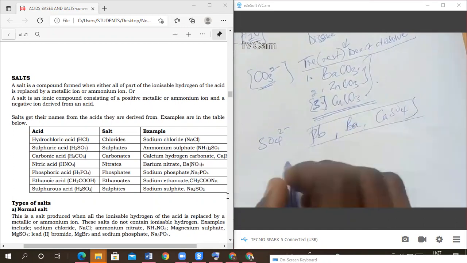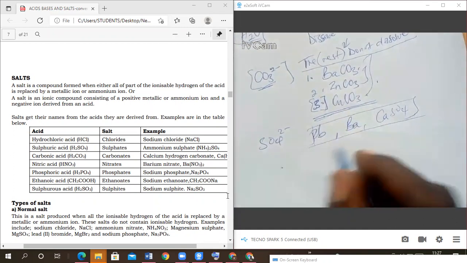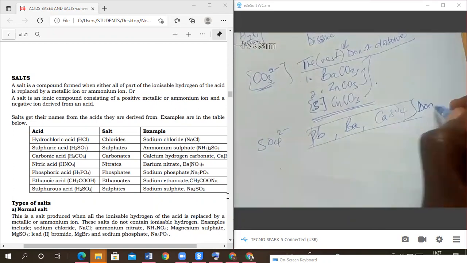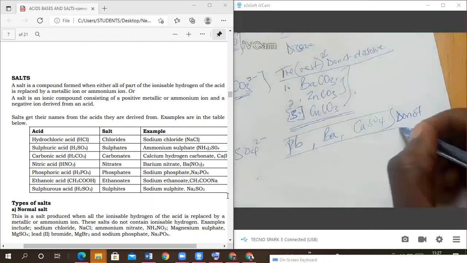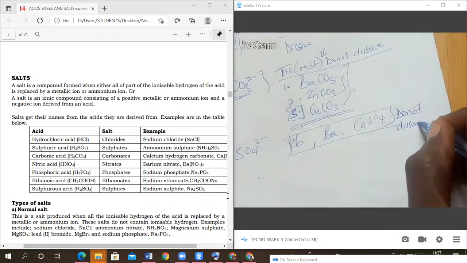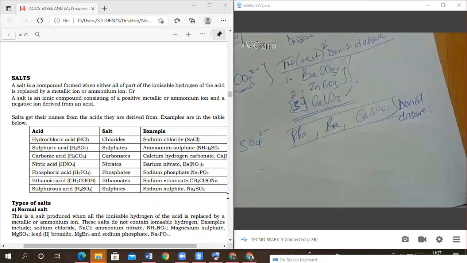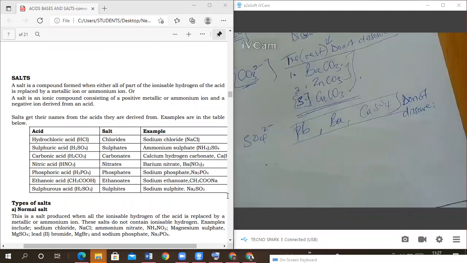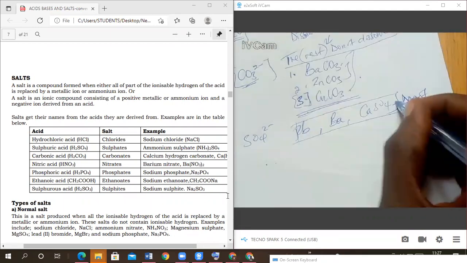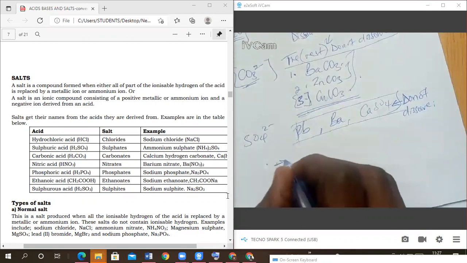An example of the rest of the sulfates that dissolve in water. These ones do not dissolve. The rest, one, Vanita. An example of a sulfate that's soluble in water.